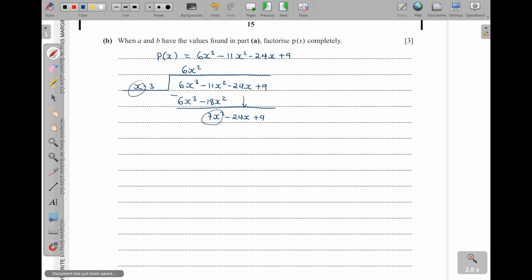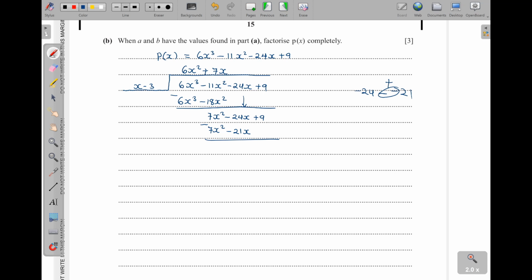Then this one divided by x, you will get 7x. Then multiply all through. So we shall get 7x squared, the negative 3 times 7, that's negative 21x. Then you subtract, so negative 24 minus 21.